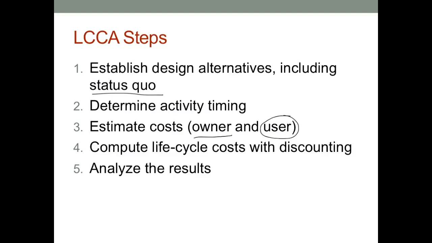So are there any costs that external users could incur? Number 4, we compute life cycle costs with discounting, and I'll show you how to discount future costs. And then 5, we look at the results. We analyze the results. What do they mean? And we need to, at this point, make a decision on which option is best based on costs. So again, this is a cost analysis. We're basing our final analysis on costs.